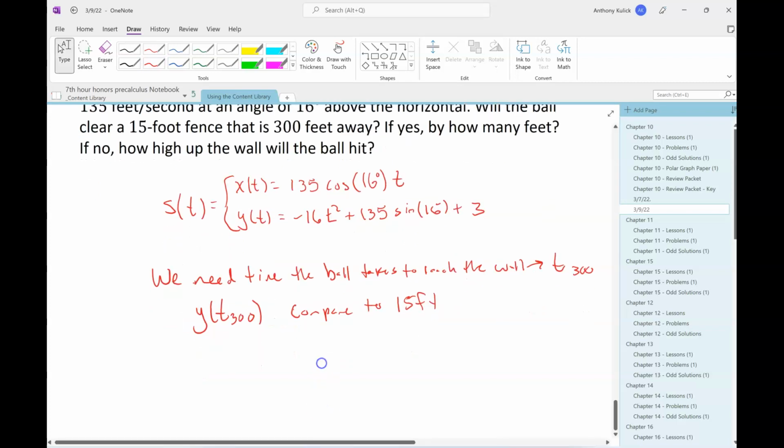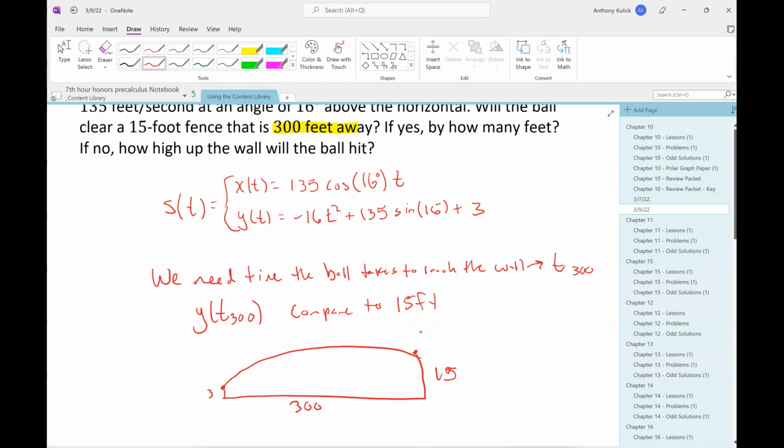So we need to figure out how long it takes the ball to go 300 feet. That 300 feet is in the horizontal direction, right? Because really what we have here is like the ball's here, 3 feet high, 300 feet away, and then there's the wall that's 15 feet tall. So we want to see what's going on with the ball. Everybody's okay with the picture we kind of drew there?